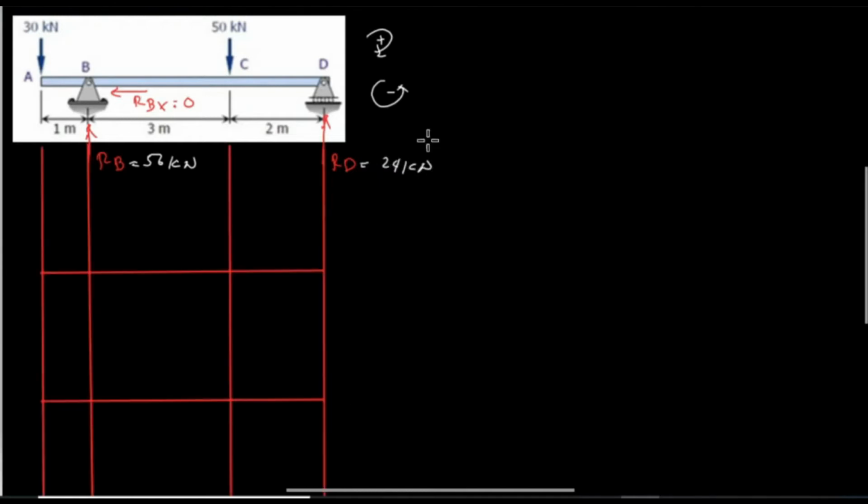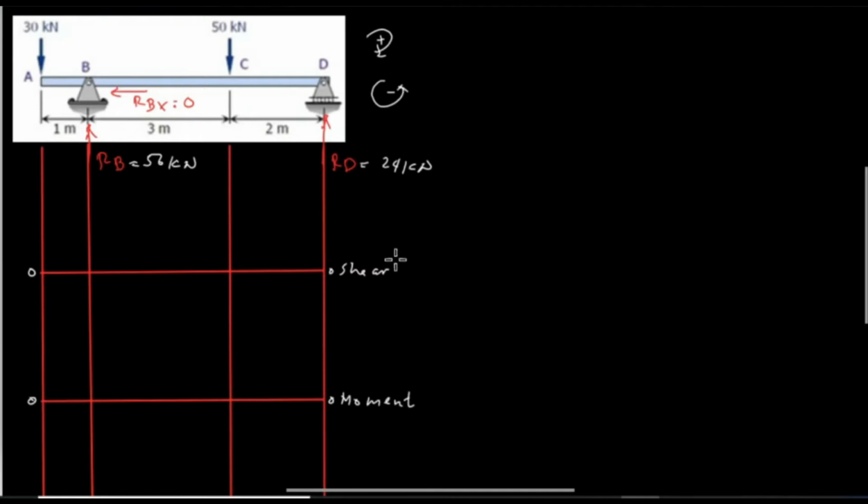So we will now draw the shear and moment diagram. Here we have a grid line for shear, and this is for moment, and the value for this is 0, and the other for moment is also 0.